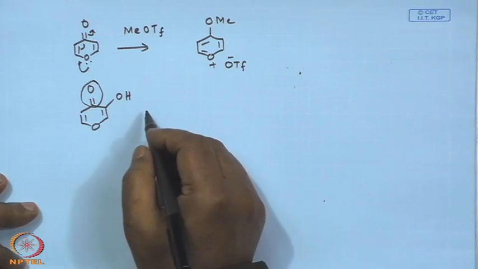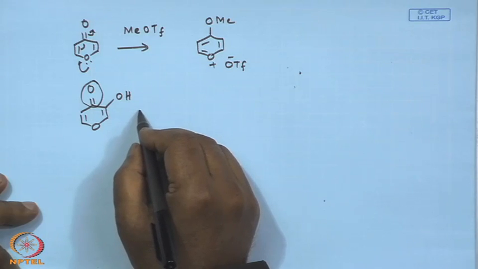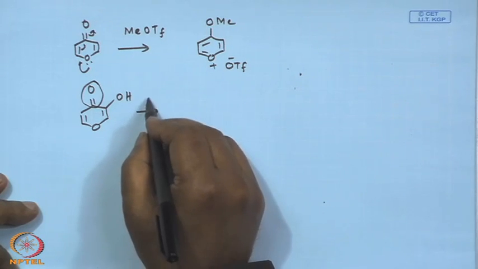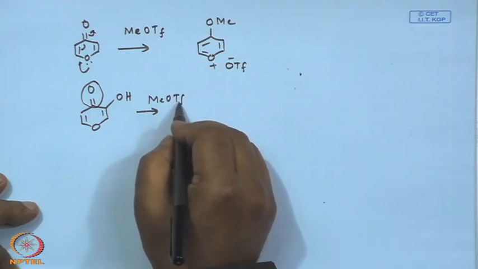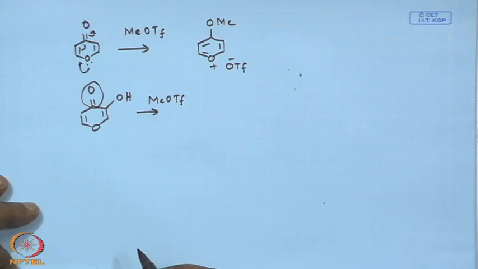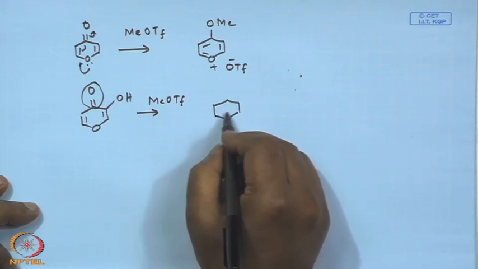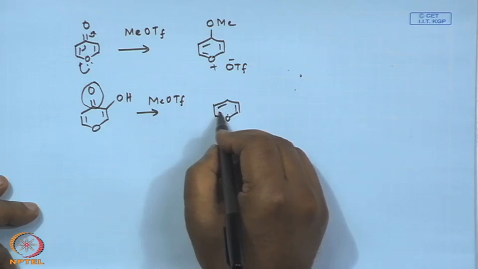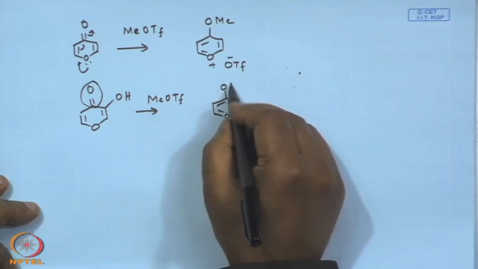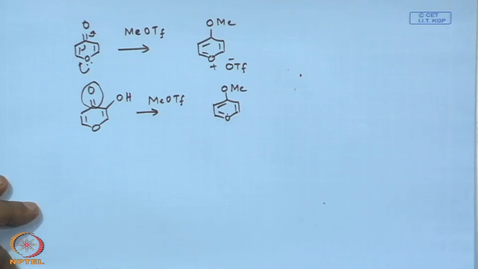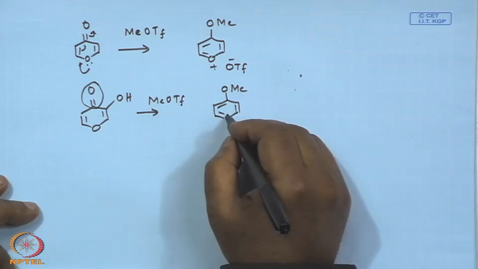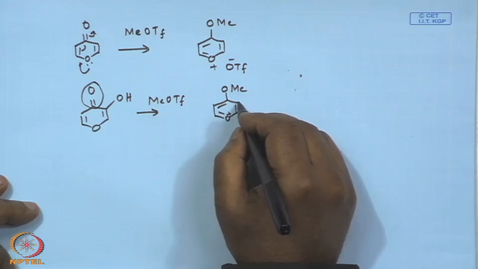Okay. And in the presence of, let us say again, this methyl triflate, what can you expect? You can expect a pyrylium ion, right, and what else? Because of the negative charge, this charge is neutralized.